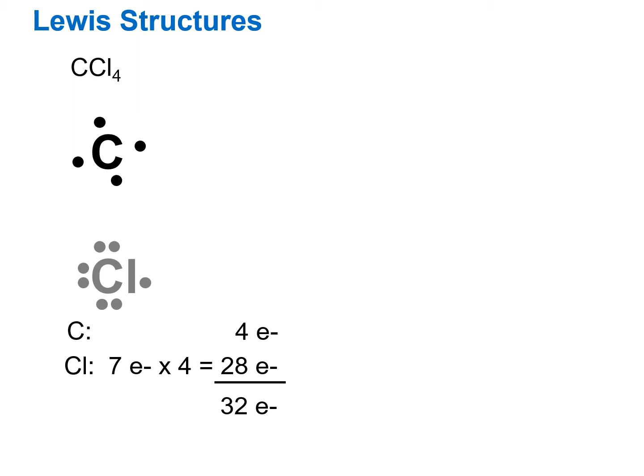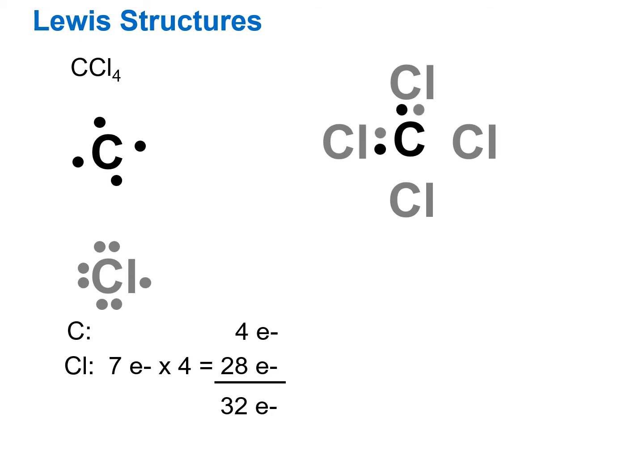Now, when we look at carbon and chlorine, we're going to find that carbon is the least electronegative. It's less electronegative than chlorine. So we'll put the carbon in the center and place the 4 chlorines around it. Then we need to place electron pairs between bonding atoms. So we're going to place 8 of our 32 right there.